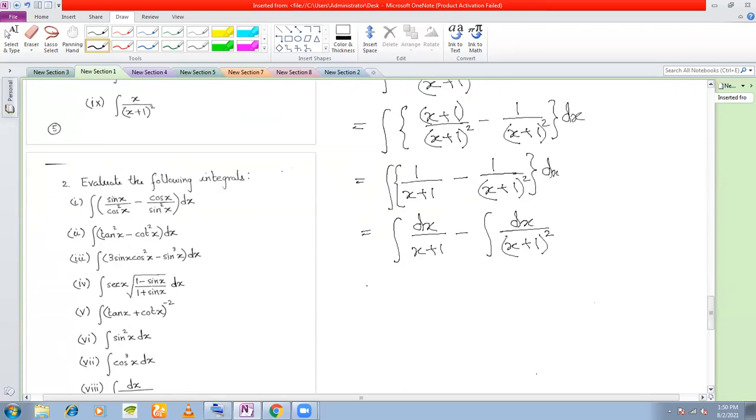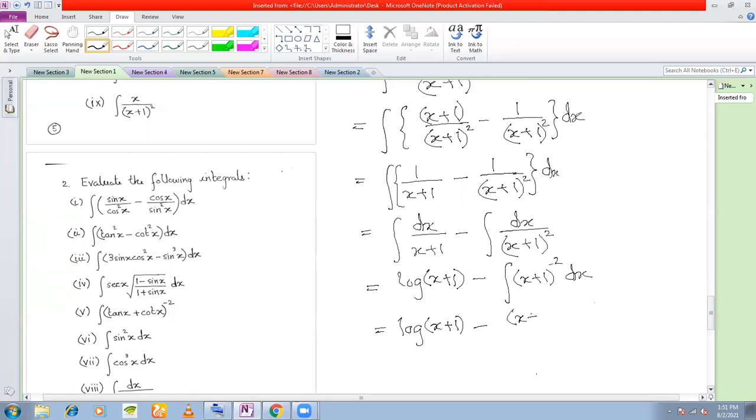Okay. Integral dx by x plus 1. If you remember, integral dx by ax plus b was log ax plus b divided by the derivative of ax plus b, which is a. So this is log x plus 1 divided by the derivative of x plus 1, which is simply 1, right? Minus, and here the integration dx by ax plus b to the power of n, you can write this as x plus 1 to the power of minus 2 dx. So this you get log x plus 1 minus, this is ax plus b to the power of n form, right?